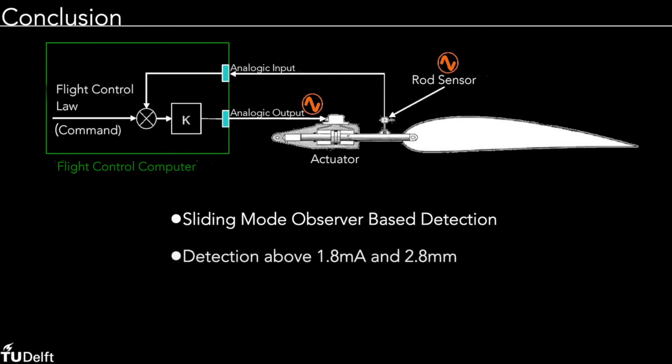With this novel detection method, all fault types could consistently be detected within 3 periods at all frequencies, for amplitudes above 1.8 milliamperes for the commanded current from the flight control computer, and 2.8 millimeter for the fault in the rod sensor. Furthermore, the design inherently guarantees that there are no false detections.